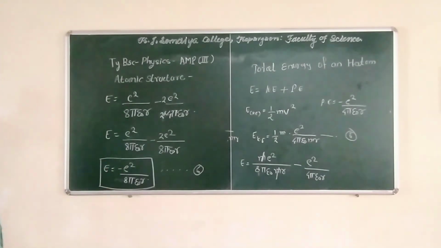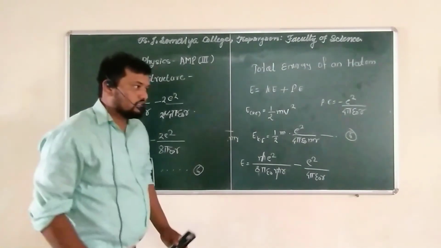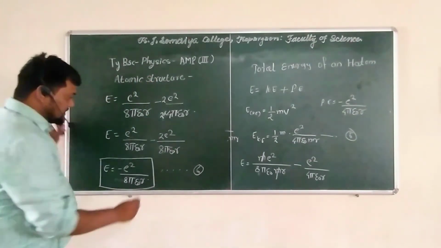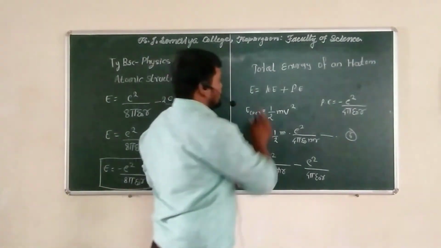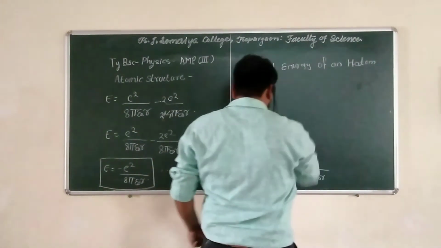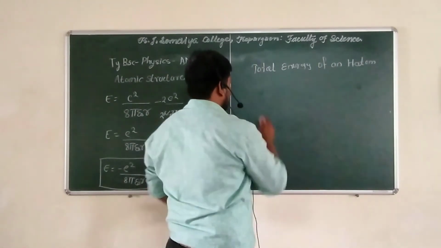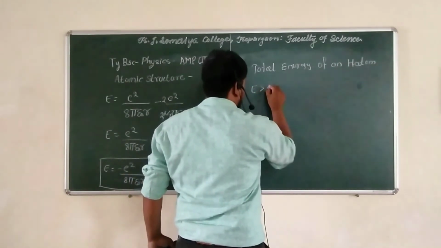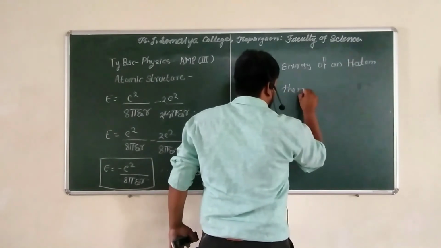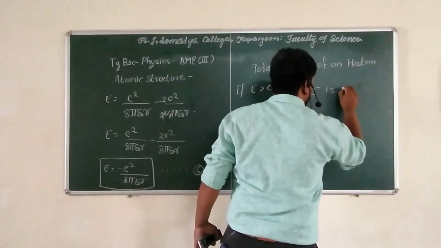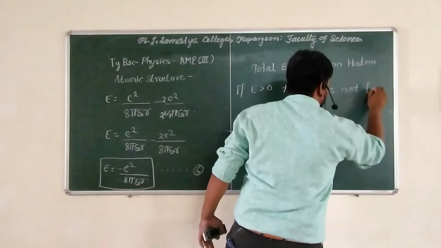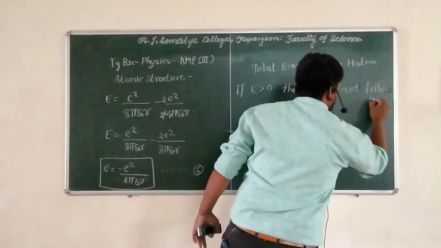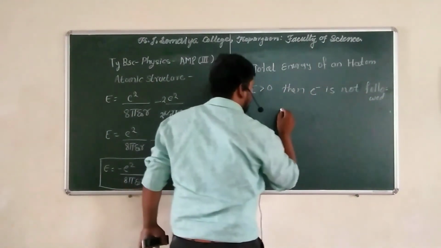So what is the significance of this minus sign? The energy of the hydrogen atom is negative, and the main significance is that if E is greater than 0, the electron is not bound to the nucleus. If E is greater than 0, the electron does not follow the path of the electron orbit.